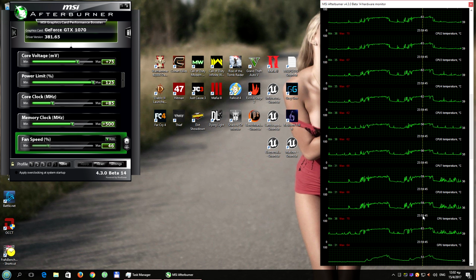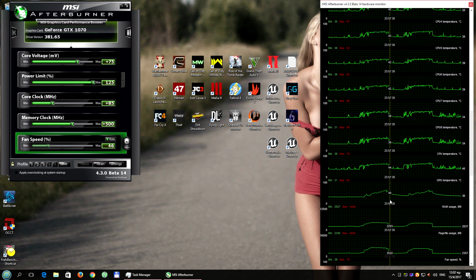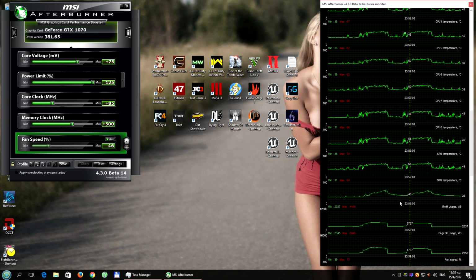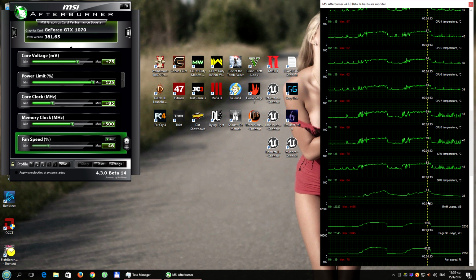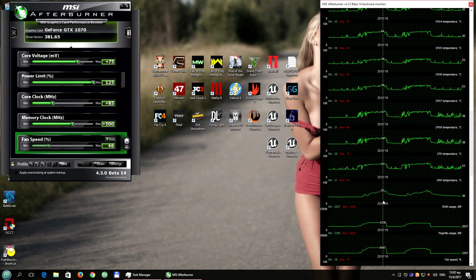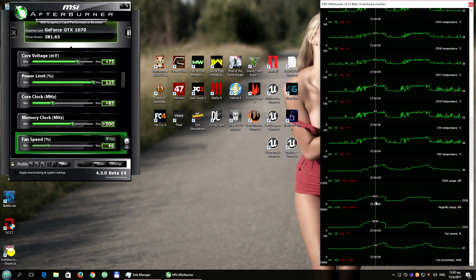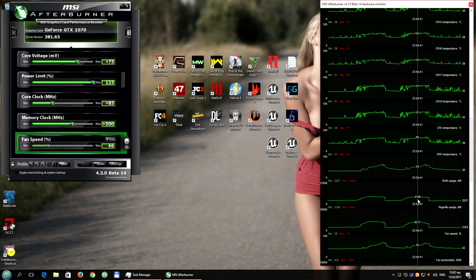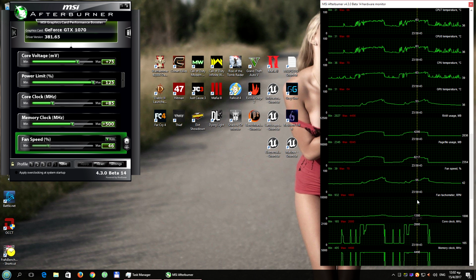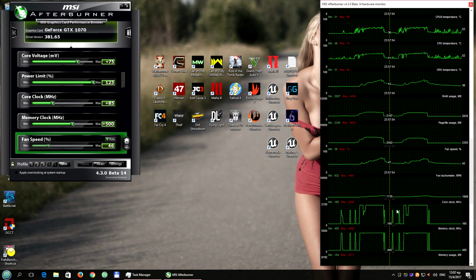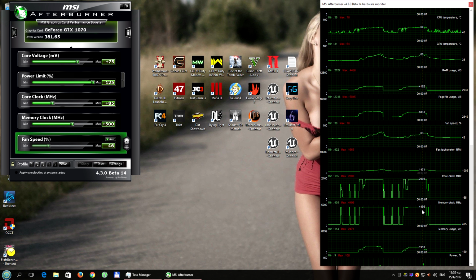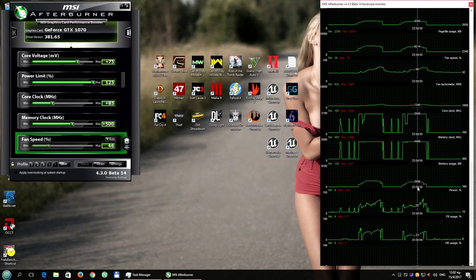CPU temps are okay. The GPU temps are also okay, a little higher for the super sample test, just a little. RAM usage is at 4.5 GB for the first run, 4.2 for the second, 2 GHz for the core clock for both runs, no problems here.